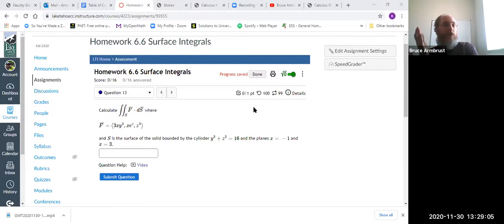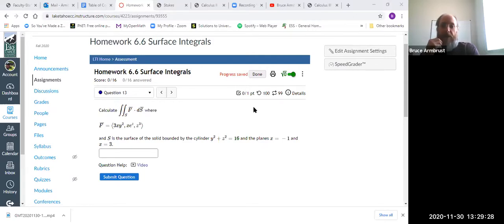In essence, we're getting a normal vector, and that normal vector is dotted with f. So we're getting the portion of the field that's going orthogonal to the surface. All right, so we're going to need to parameterize.